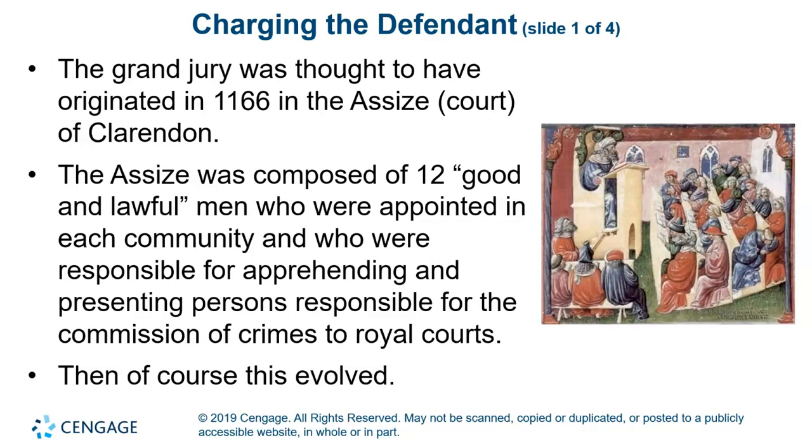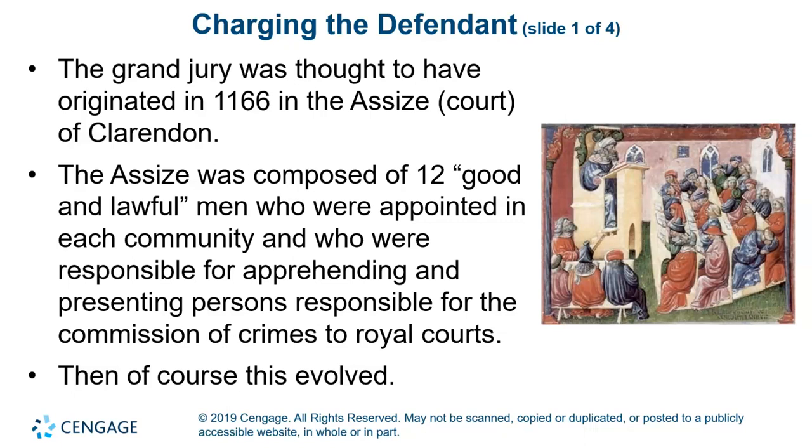The grand jury was thought to have originated in 1166 in the Assize Court of Clarendon. The assize was composed of what they called 12 good and lawful men who were appointed in each community and who were responsible for apprehending and presenting persons responsible for the commission of crimes to the royal courts.